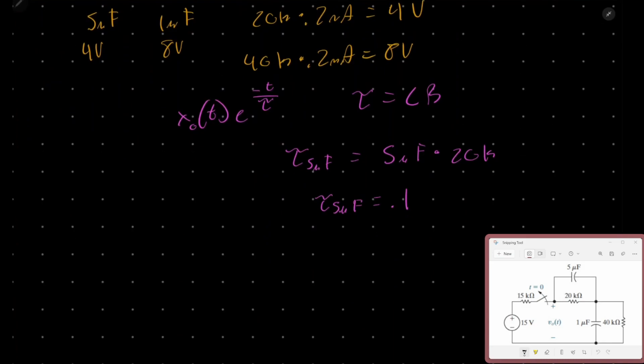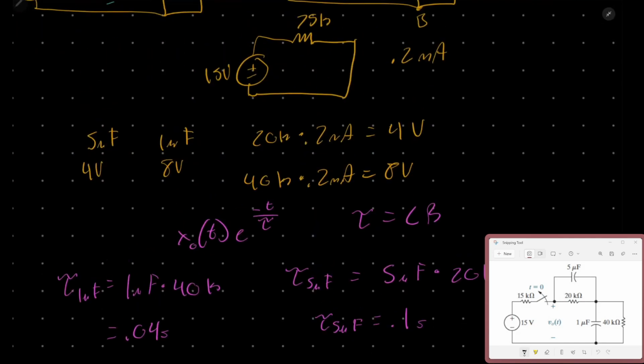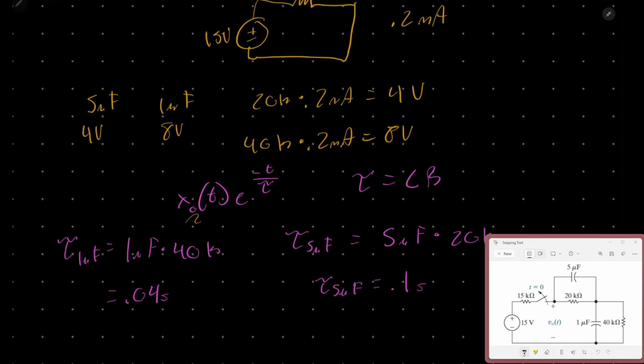And then tau for the 1 microfarad is going to be equal to 1 microfarad times 40K, and that's going to be equal to 0.04 seconds. Remember, tau has a unit of seconds. So now we will use the form right here.